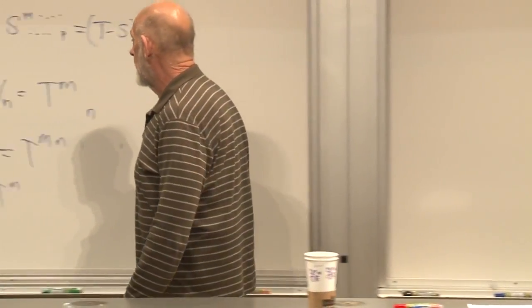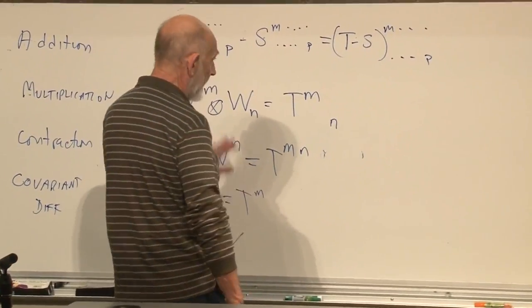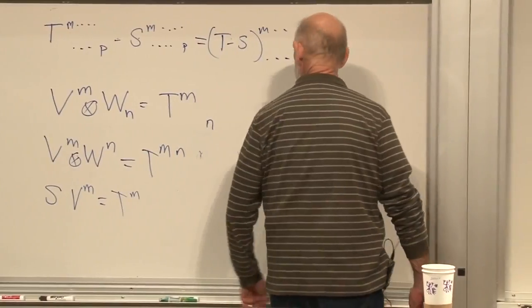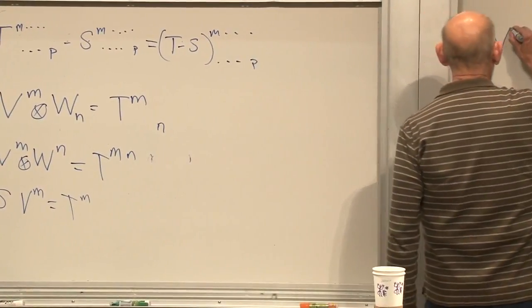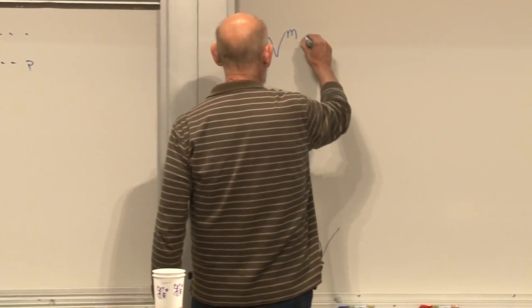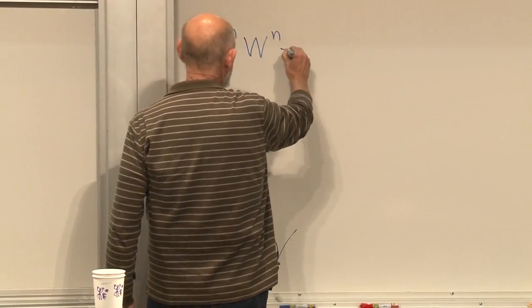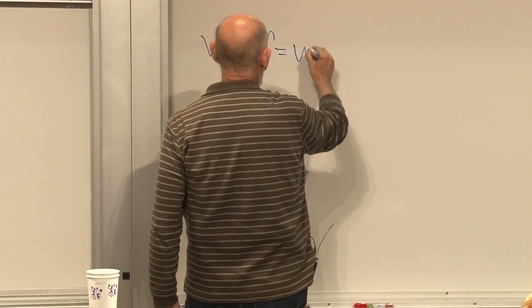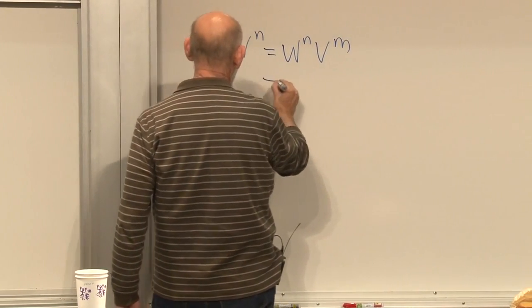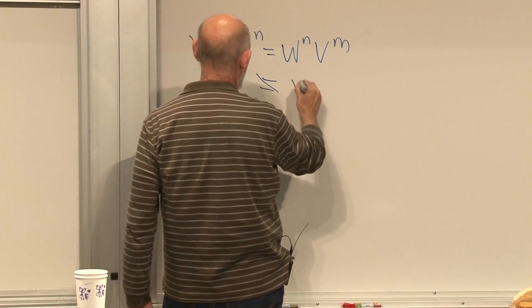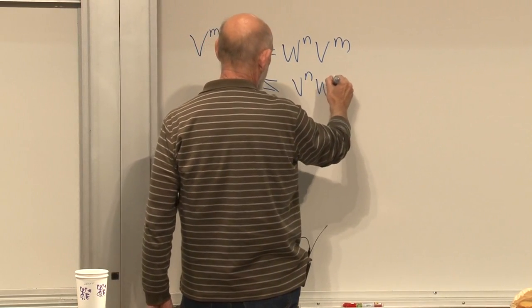Are there any rules, like switching sides, and VW is equal to WV? Yeah, well, okay, let's be careful. Let's take this one with 2 upstairs. V^m W^n is equal to W^n V^m, but it is not equal to V^n W^m.